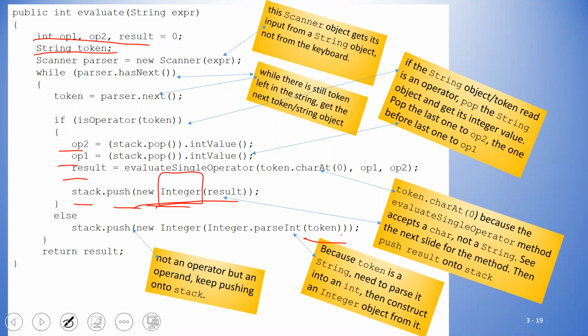So you need to make that string into an int using parseInt, a static method of Integer. You need to use that to convert this string into a number, and then using that number as an argument to make a new Integer object, and then push that object onto the stack. Okay, that's that.